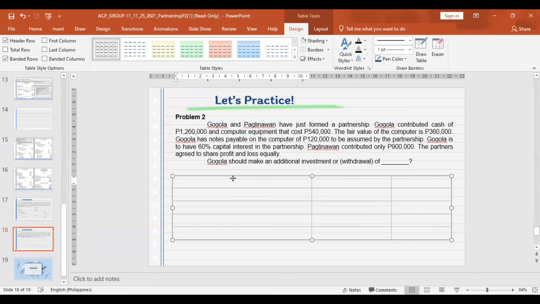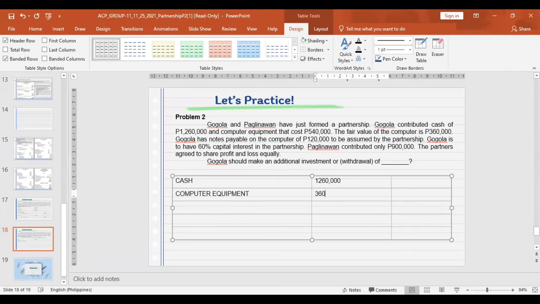Cash, 1,260. And then, computer equipment na fair market value is 360,000.